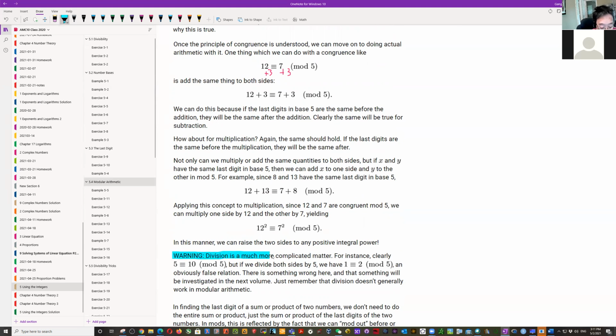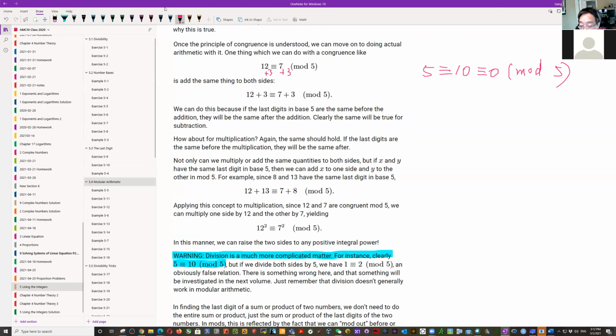Division is a totally different ballgame. Division is quite complicated. So here is a counter example. 5 is congruent to 10, which is congruent to 0, mod 5. So you cannot, for example, divide both sides by 5.